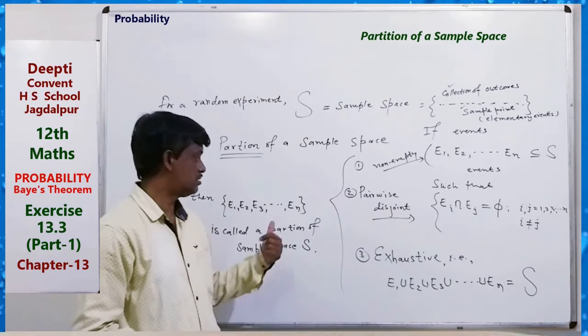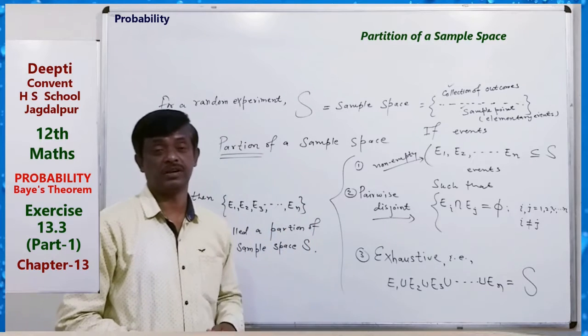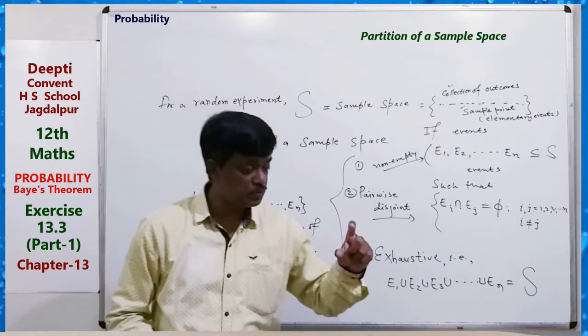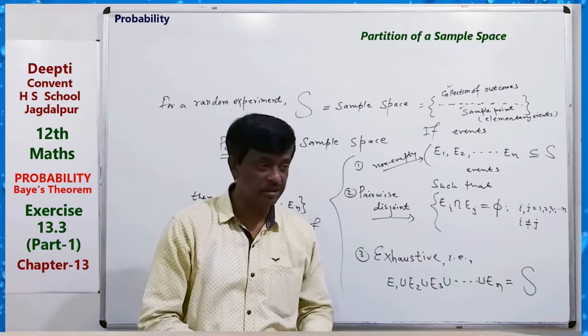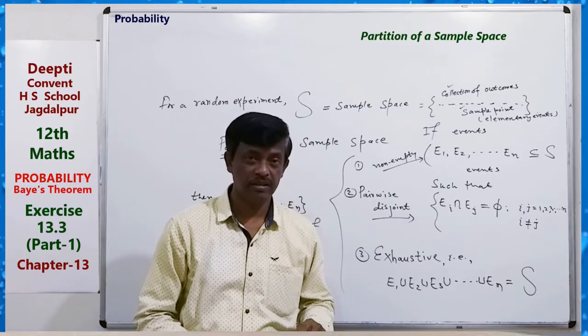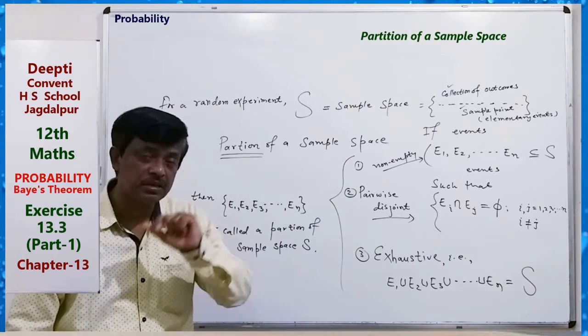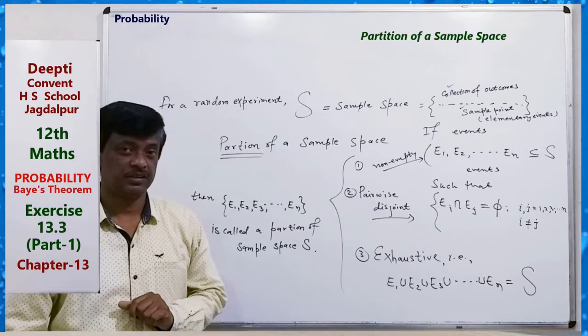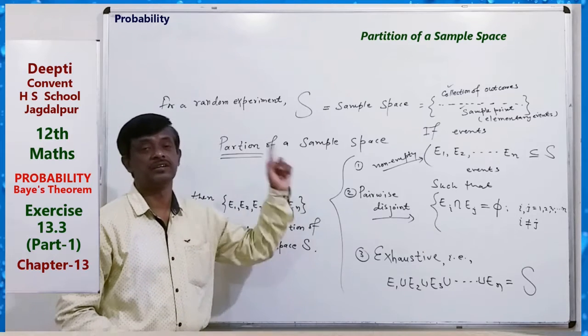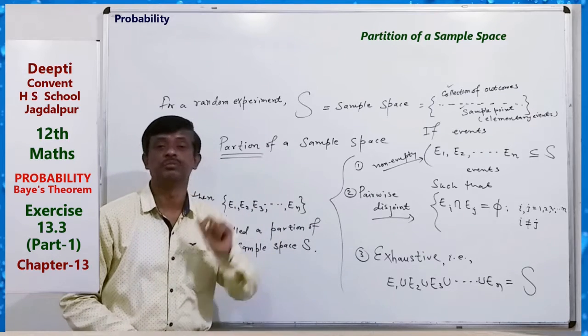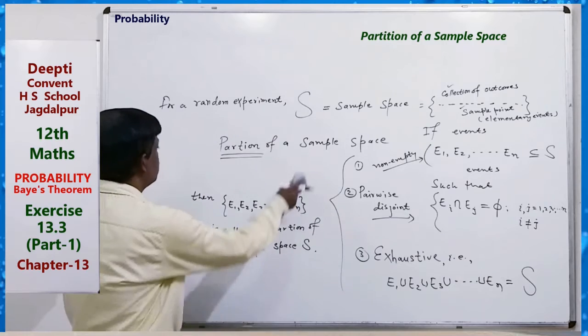The main thing is just to remember this partition. What is a partition? In any experiment we will get some events that constitute a partition of the sample space. So we can use the total probability theorem and also Bayes theorem.